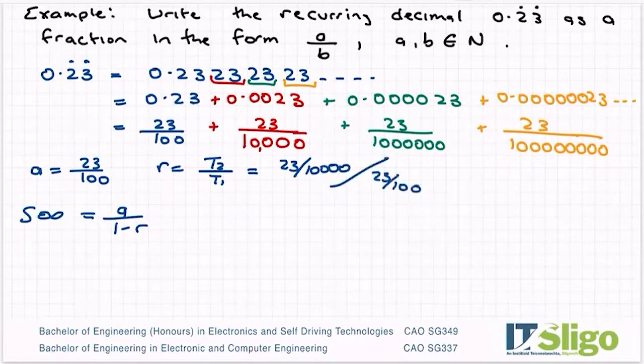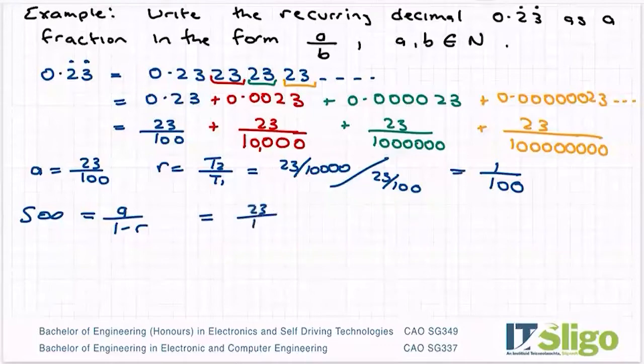You can use divide for that if you find it hard to put into your calculator, but you'll get 1 over 100. So that's your r. You then put it into your sum to infinity formula. So I have 23 over 100 over 1 minus 1 over 100.